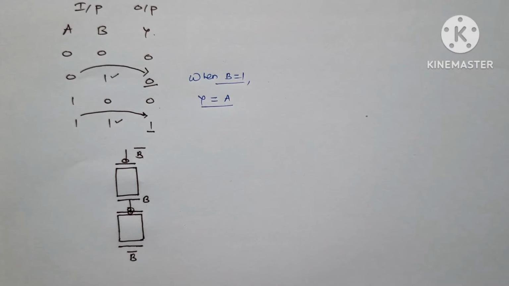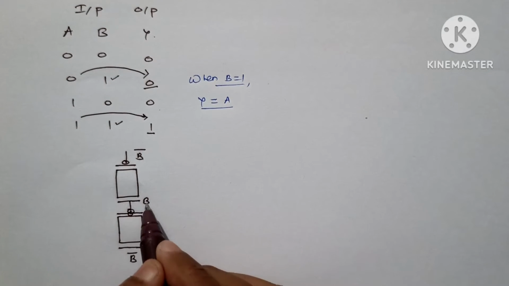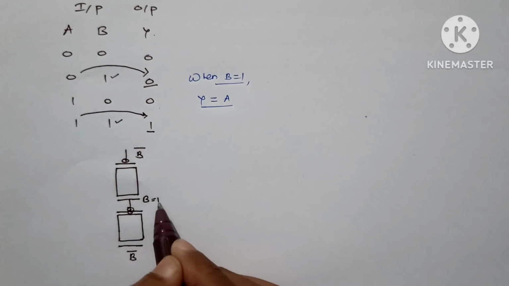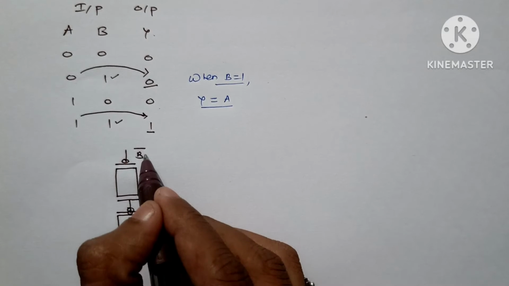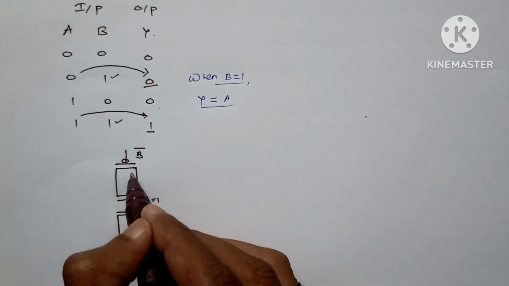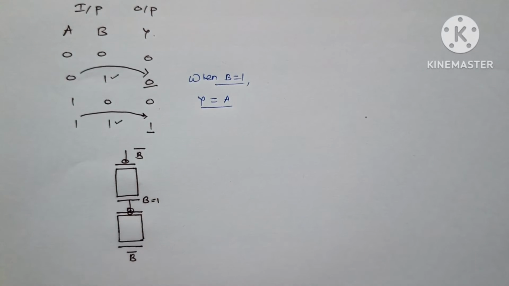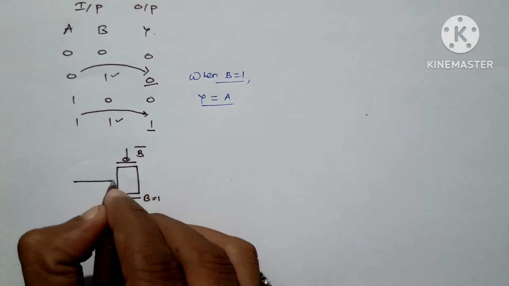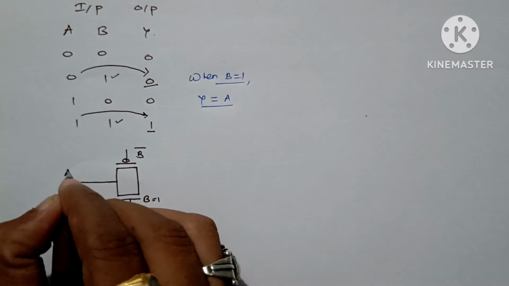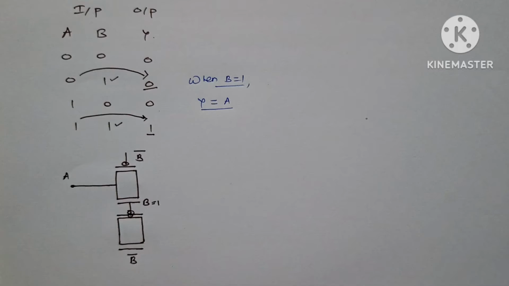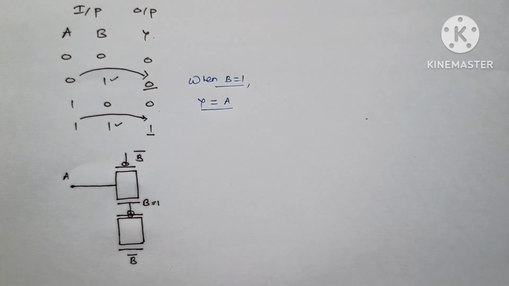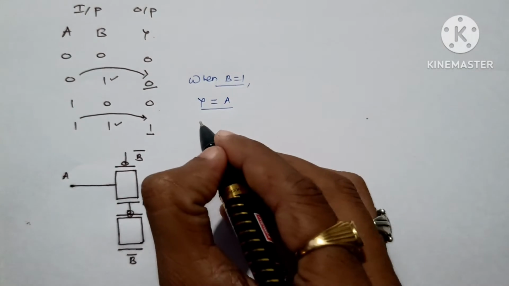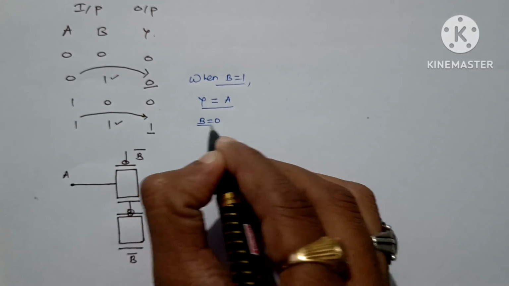So for that case, let's start with the first combination. When B is equal to 1, B bar becomes 0. 0's complement will be 1, and this transistor will be turned on. So for that, we'll connect the input as A. Fine. Now let's come to the second condition, when B is 0.